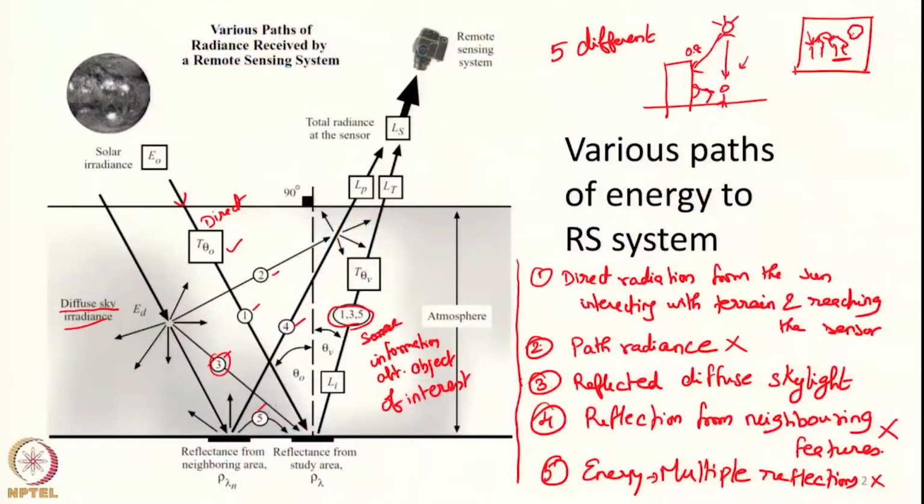Essentially, the paths we are really interested in are path 1, path 2 and path 3. These 3 are the major things we are interested in. Path 4 and path 5 we are neglecting. Path 5 is too low, so we can neglect it, and once adjacency effects come in for path 4, it is difficult to remove them, so we have to live with it. We think as if it is not present.